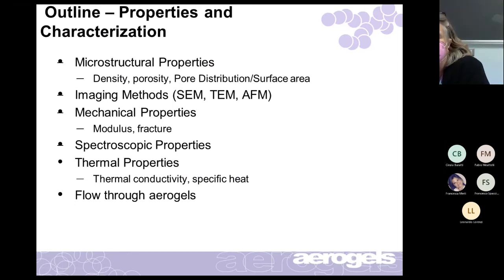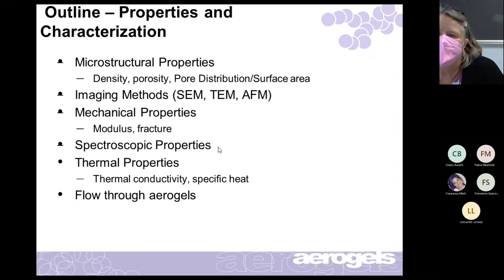So far we've talked about microstructural properties, imaging methods, mechanical properties, some of the spectroscopic properties, and today I'm going to talk about thermal properties, primarily thermal conductivity, and just a little bit on specific heat. And then I will also talk a little bit about flow through aerogels, and a little bit about how gases permeate into aerogel materials.